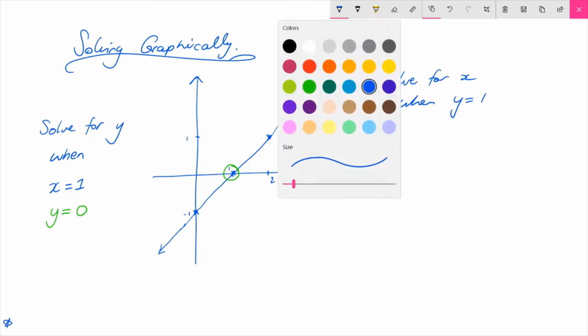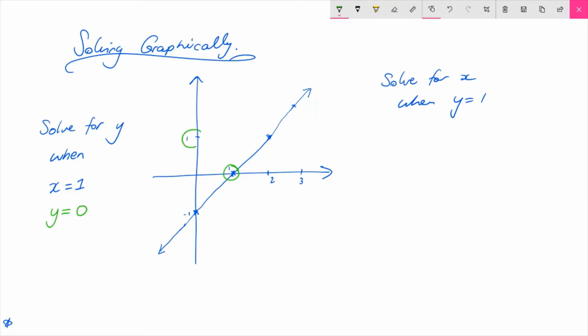So what we have to do is go to y equals 1, and we come across to the line, and we find where it hits on the line, and we then draw an arrow down to the x-axis, and that's our x solution. So when y equals 1, x is equal to 2. So that's one way of solving graphically. We'll now look at one more way to solve graphically.